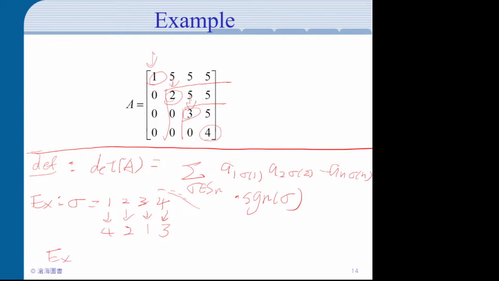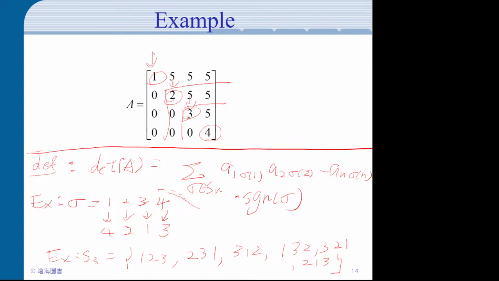An example of S3: all possible permutations of 3 things are 1, 2, 3, and 2, 3, 1, and 3, 1, 2, then 1, 3, 2, 3, 2, 1, and 2, 1, 3.